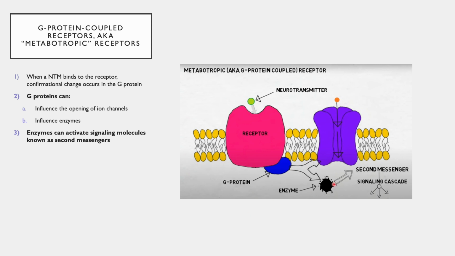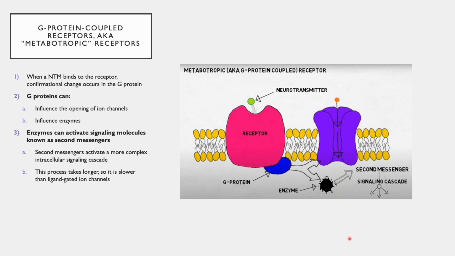And these enzymes can activate signaling molecules that are known as second messengers. Second messengers essentially induce a signaling cascade. So they can increase more complex intracellular signaling, and this process takes much longer and it's slower than ligand-gated ion channels. Because this process takes more time and it's slower, it can induce more permanent changes.